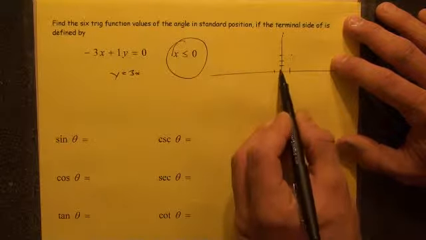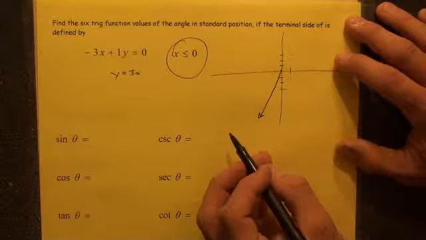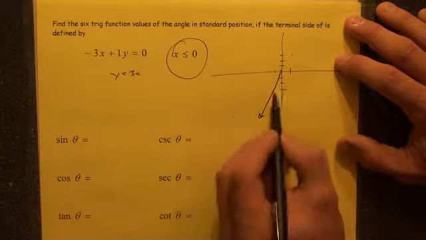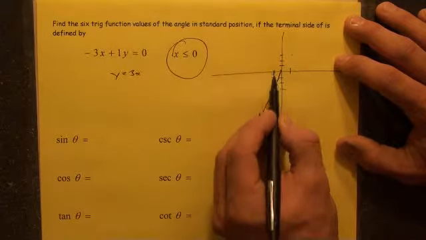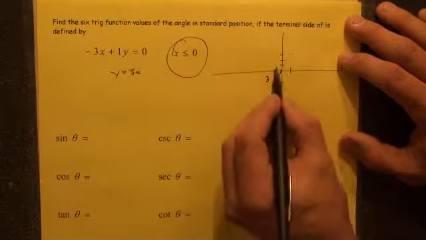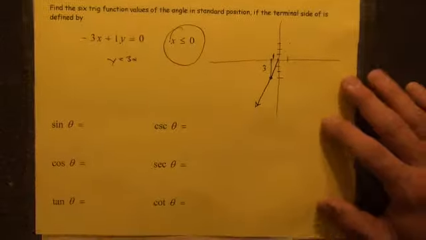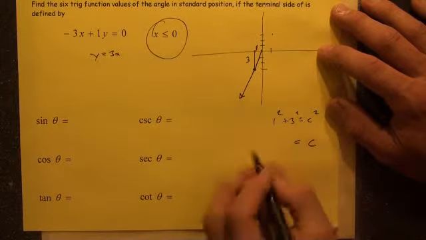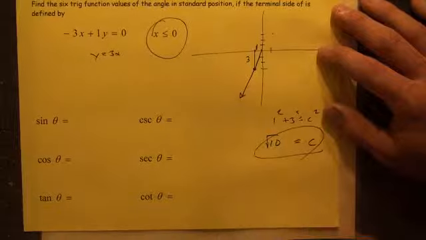So we're going to go back this way. Let's go to this point here and do this reference triangle, a height of 3 and a 1. Using the Pythagorean theorem, 1 squared plus 3 squared equals c squared. C equals square root 10.